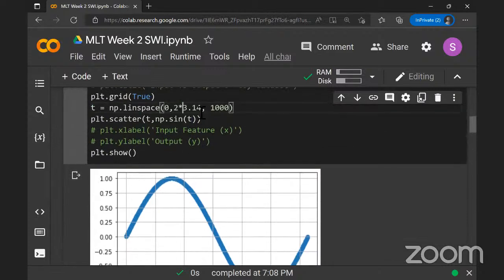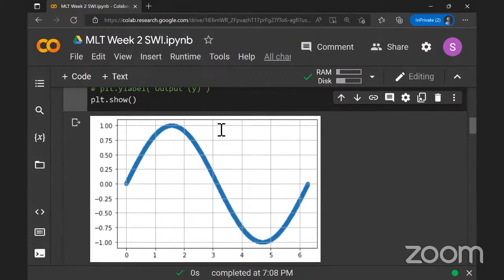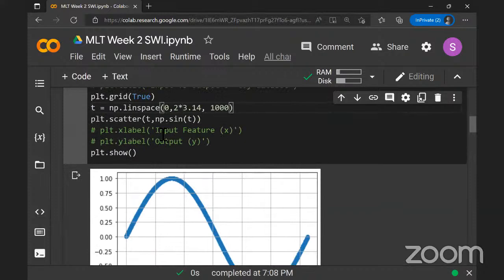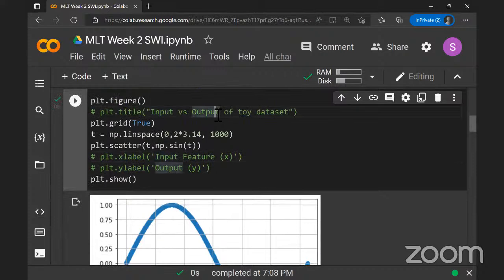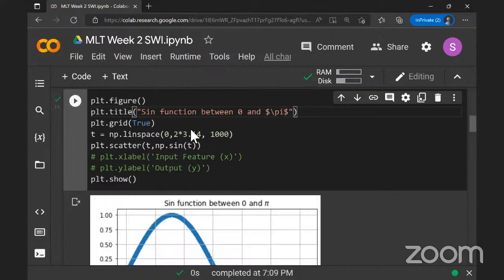The thing that I wanted to show you is we can write mathematical formulas also inside this using LaTeX formulas. For example, inside the title is sine 0 and... there it is.